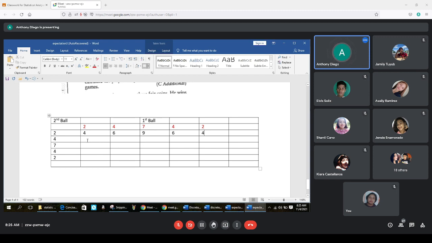Then in the case of this 4, 4 and 2, that will be 6. Right? And then 4 and 4, 8. Then this will be 4 and 7, 11.